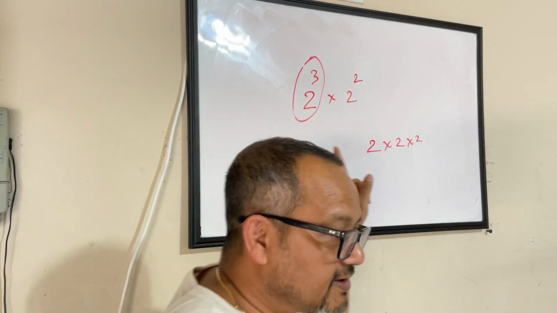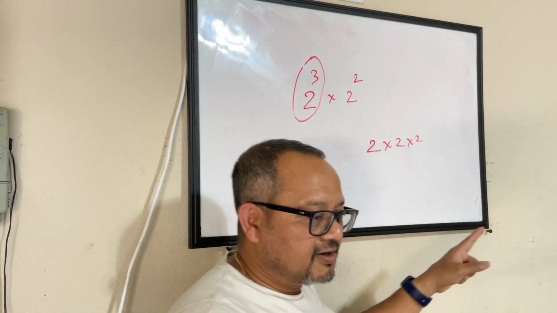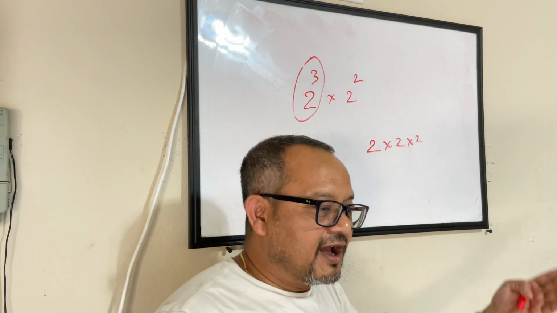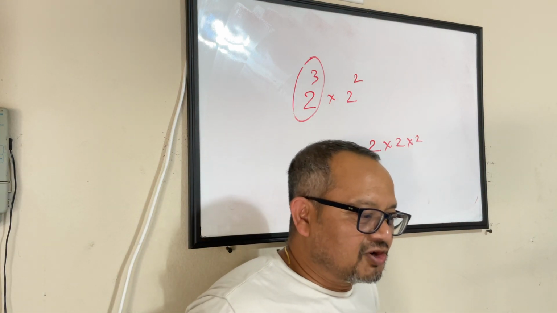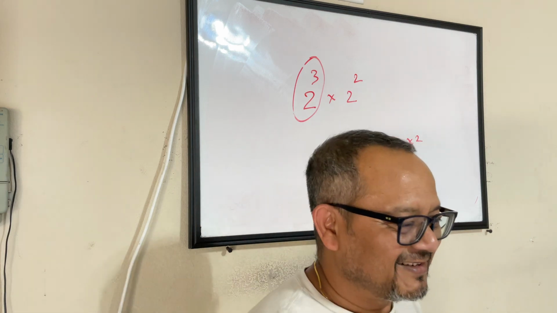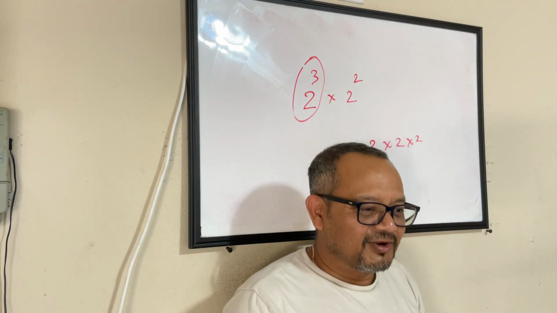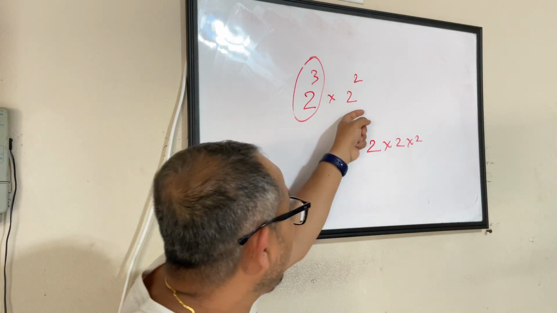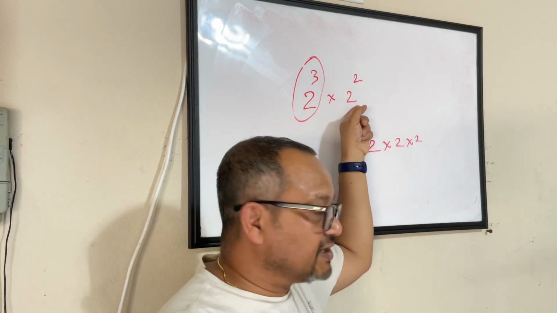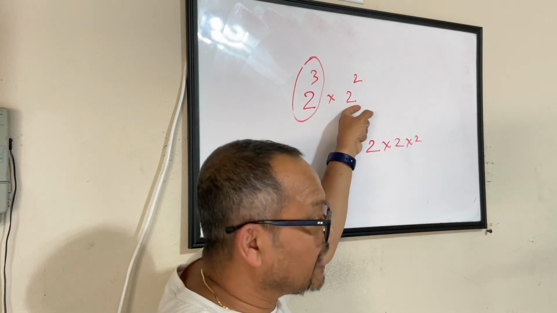So, wonderful. Suhina and Mara, you guys can turn on your video as well, so that everybody is talking to me face to face. Wonderful. Alright. So here, when I have 2 to the power 2, what it means is, 2 is getting multiplied by itself.